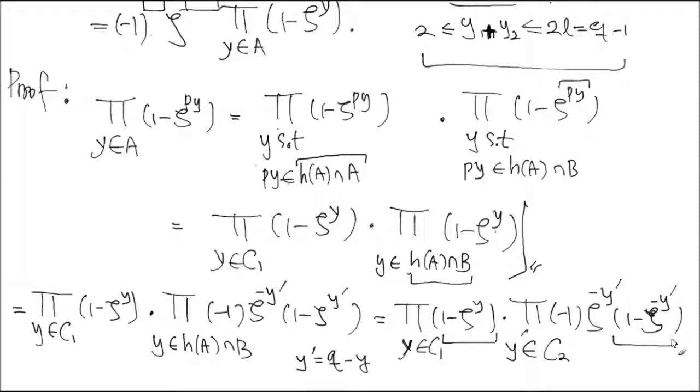So your complete 1 through L shows up, except that there are copies of negative 1 and copies of this y prime showing up in there. Then the rest of the part is y coming from the full set A, 1 minus zeta to the y.